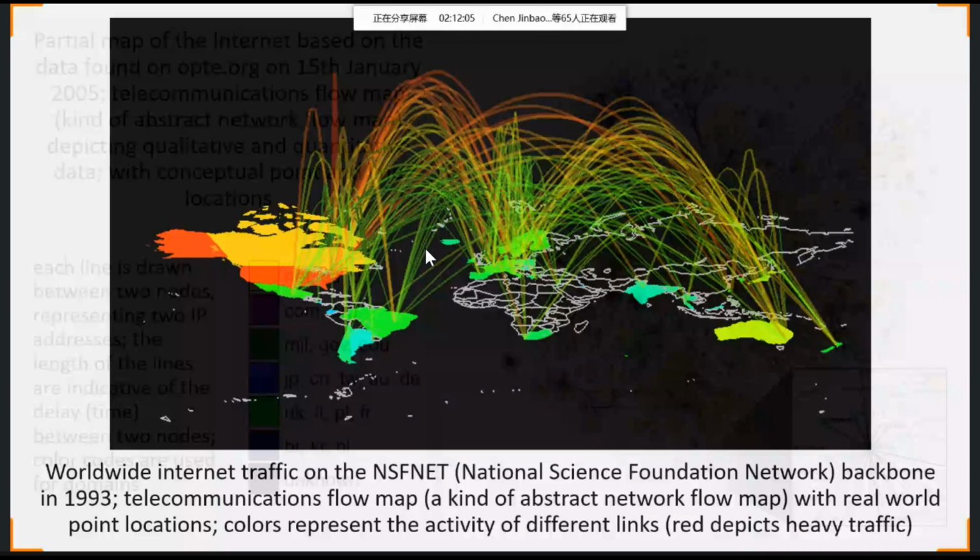As you see here, this small area is enlarged here, and then you have the actual IP addresses of computers. And the colors also have a certain meaning.